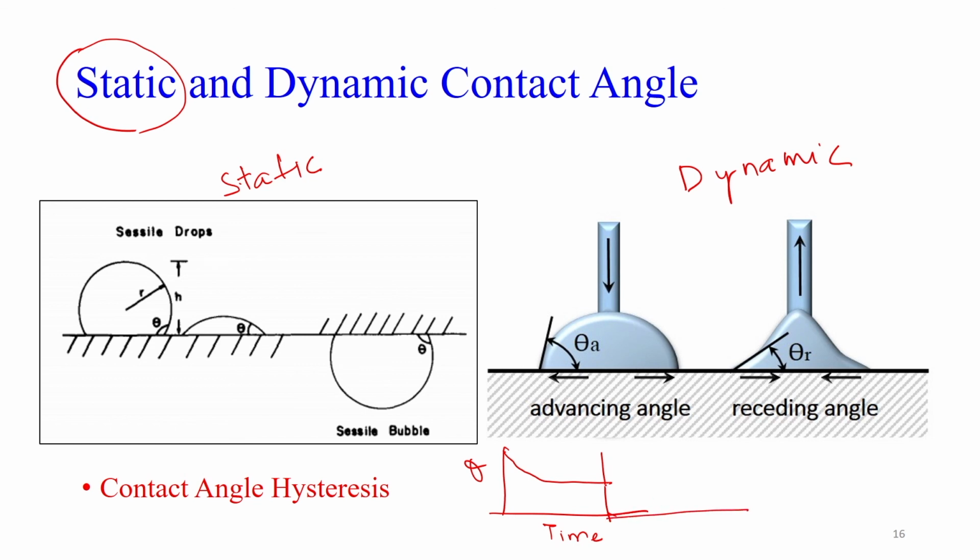If you go for a further higher time, there will be a further decrease in the contact angle, and this decrease is coming because of external factors, like temperature and evaporation. If there is vapor pressure and temperature, there will be some sort of evaporation, and with time there will be a loss in the volume of the liquid. External factor means it is causing a loss of the volume of the liquid.